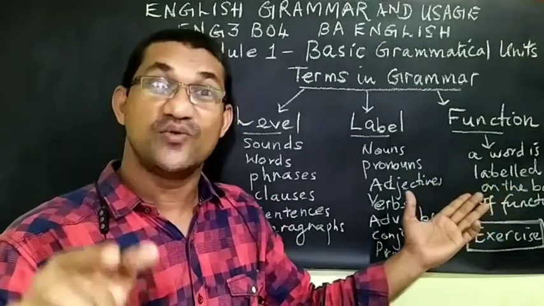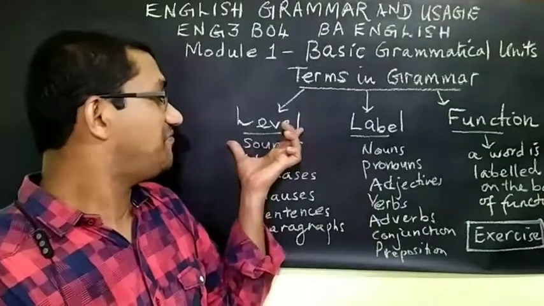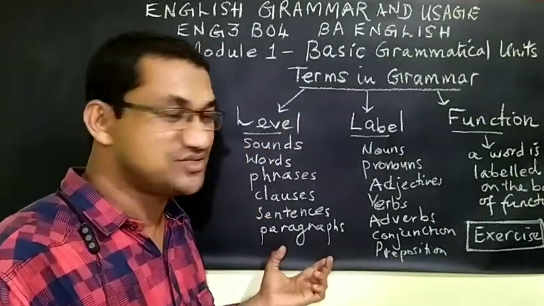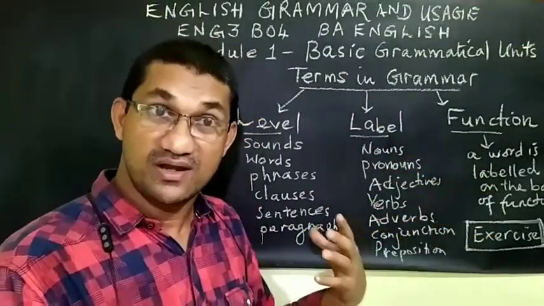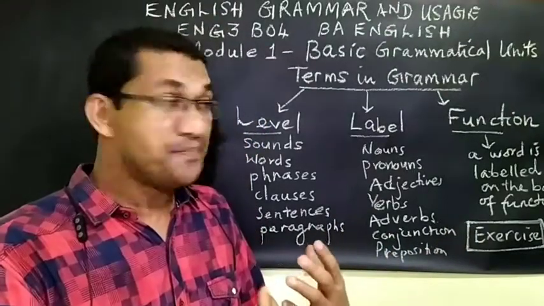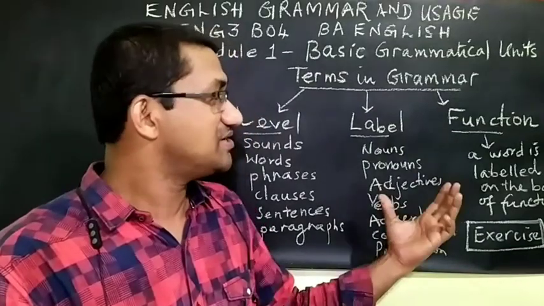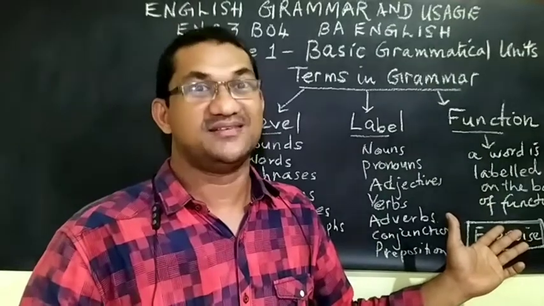To be precise, we are going to analyze the sentence and see the different elements of level and label which make the sentence, and look at the functioning of these elements.